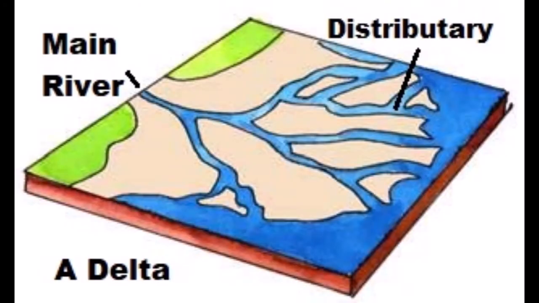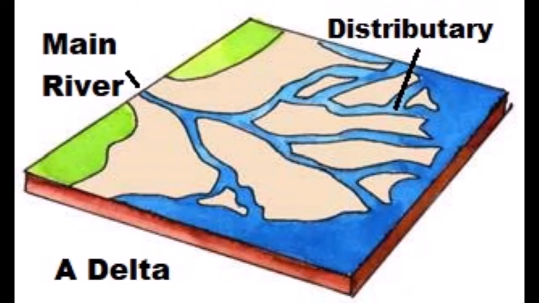When the river reaches its mouth, it carries a large volume of water and alluvium. The excess load is deposited as sandbars in the wide river channel. As the river approaches the sea, the speed of the flowing water decreases and the river begins to break up into a number of streams called distributaries.